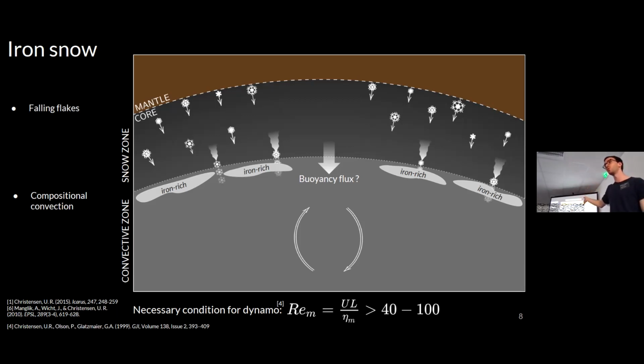And what you saw when I was showing movies at 5 rotations per minute corresponds to the upper bound for what we have. The reason why I have a range of Rossby numbers and don't remember the value is that you need to know the length scale on which you want to compute it. And I don't really have a length scale for a cloud inside Ganymede. I can take the size of the core, but then it's extremely different from the physics I'm showing.